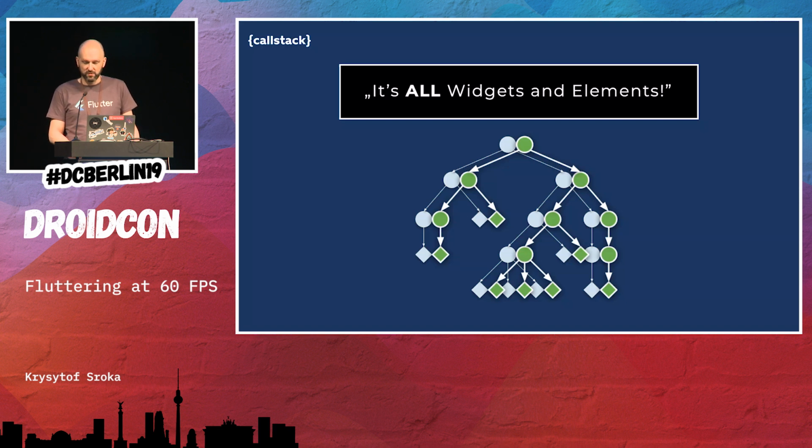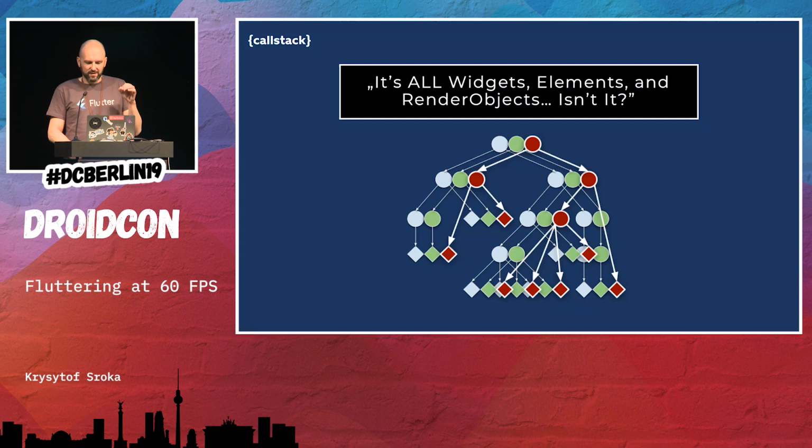It runs most of its functions on elements. And it's not only widgets and elements, because there are also render objects. So there's a third tree called the render object tree. There's not always a one-to-one mapping of widgets to render objects or elements to render objects.